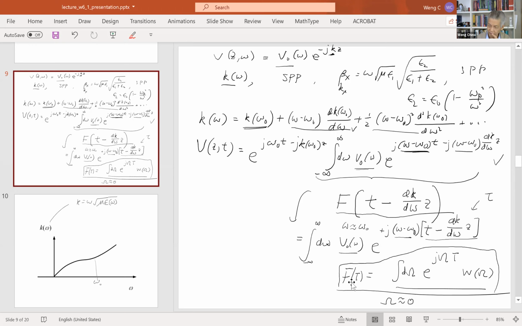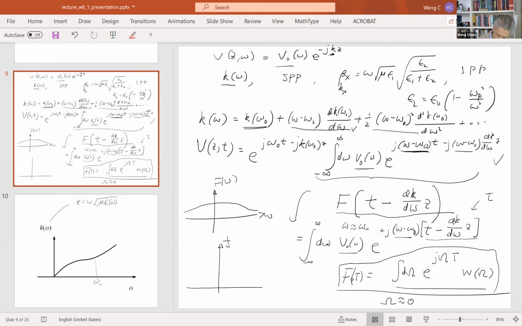Okay. These are intuitions about the Fourier transform that you should develop. Say if I have something that is broadband, okay, if I were to Fourier transform this to find its time domain equivalent, it will be rapidly varying.